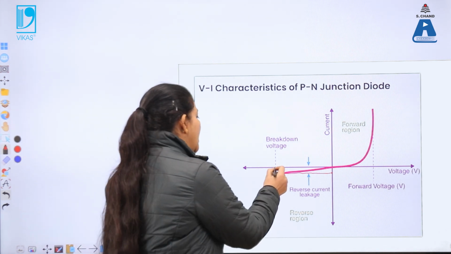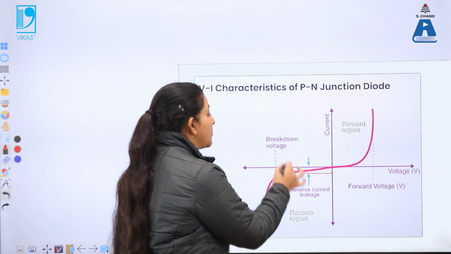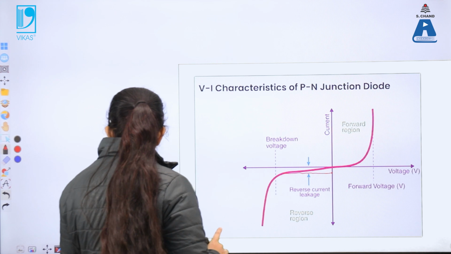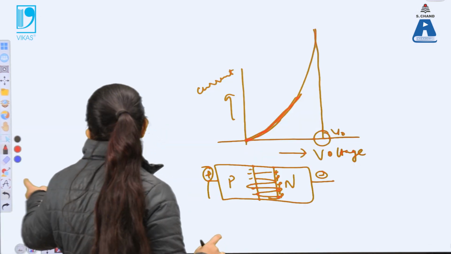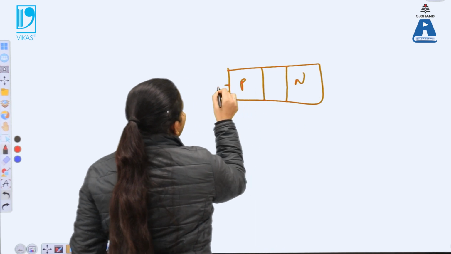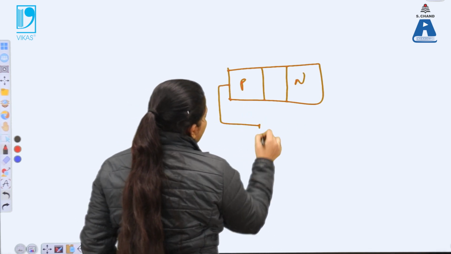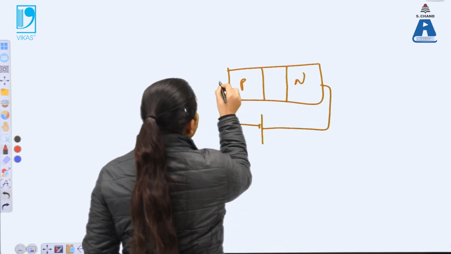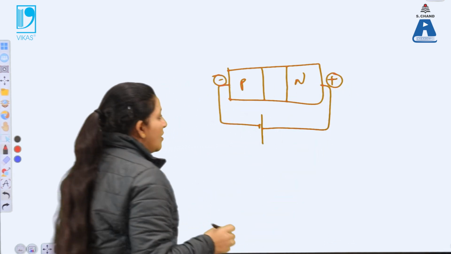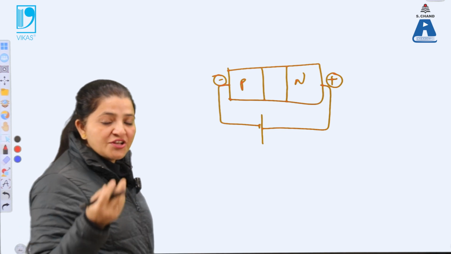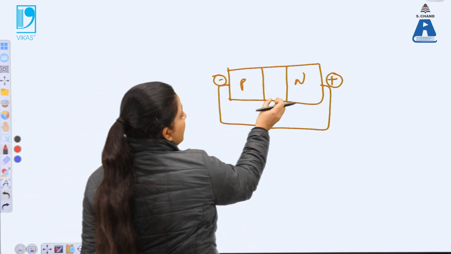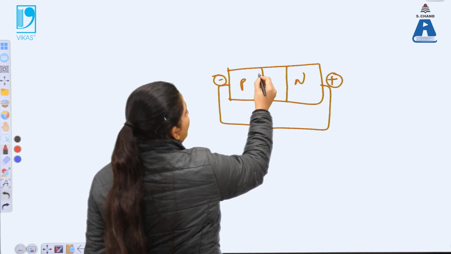Now what will happen at this voltage? That is known as the breakdown voltage. Now in the breakdown voltage, what will happen? Here is the P and the N. The reverse battery is there, that means it is connected to negative and that is connected to positive. Now we are enhancing the voltage in the reverse direction. We know that the size of the depletion region goes on increasing.